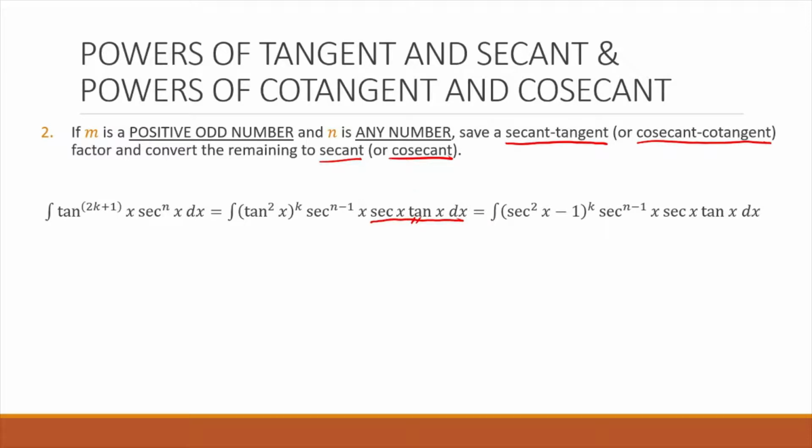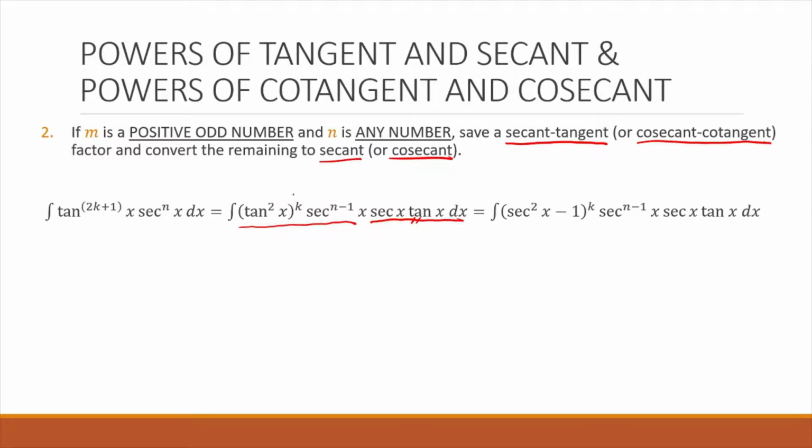So after we isolated secant x and tangent x, this is now the remaining factors. From 2k plus 1, nag-subtract ng 1, kaya naging 2k, tangent raised to 2k initially.